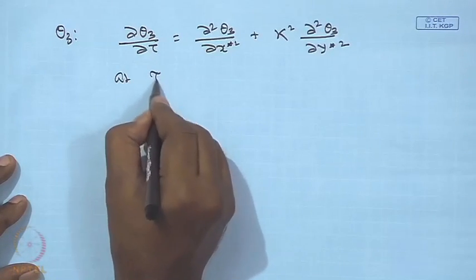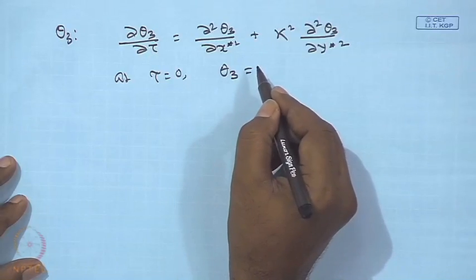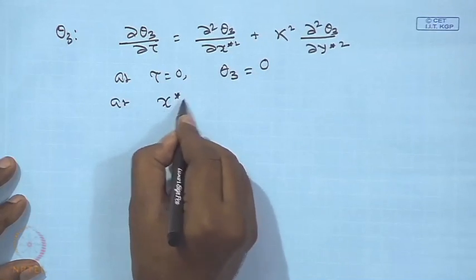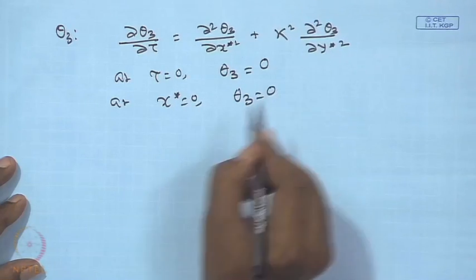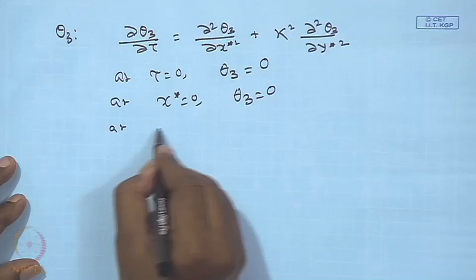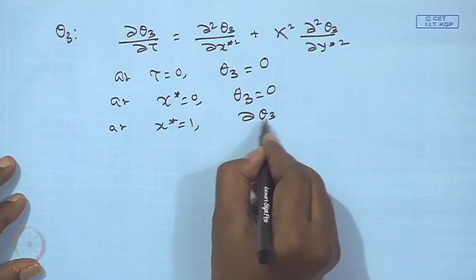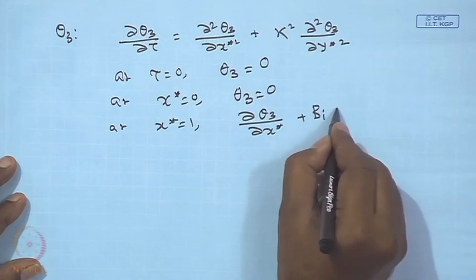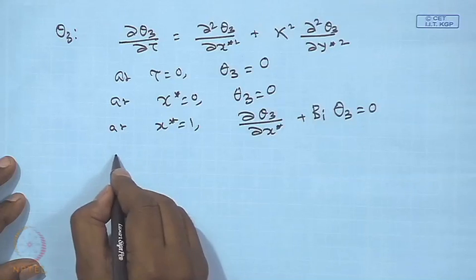At tau is equal to 0, theta 3 is equal to 0, at x star is equal to 0, we have theta 3 is equal to 0, at x star is equal to 1, we had del theta 3 del x star plus b I theta 3 is equal to 0, that is already homogeneous from the parent problem.